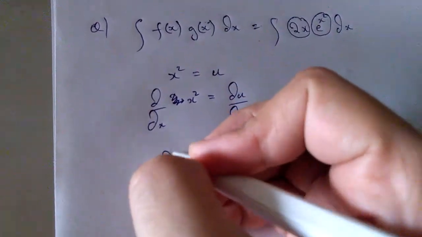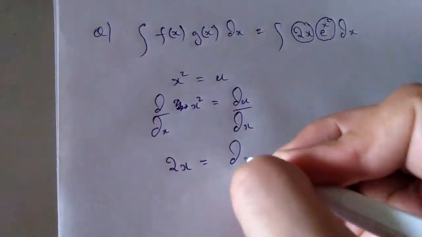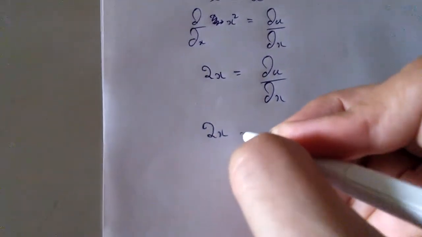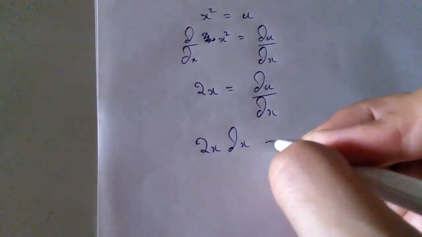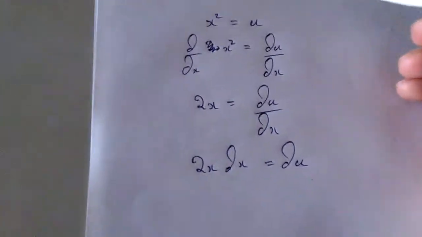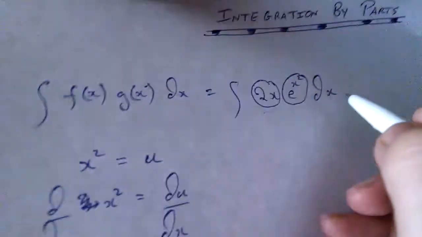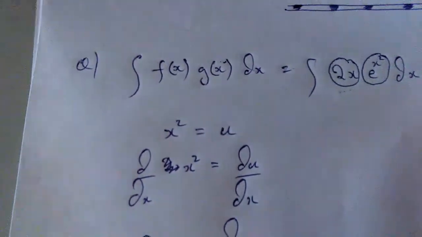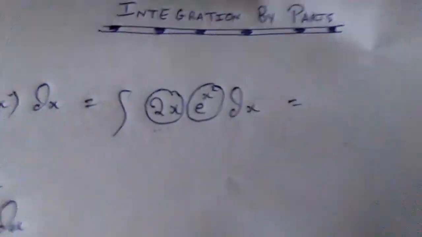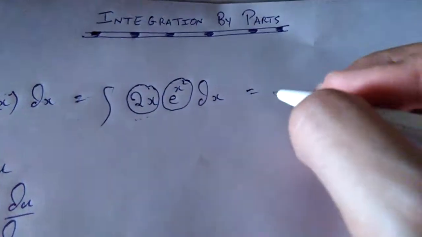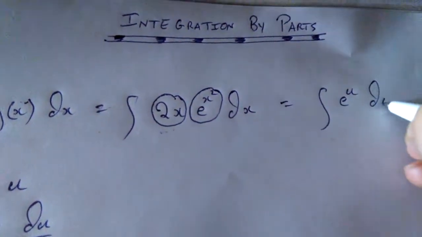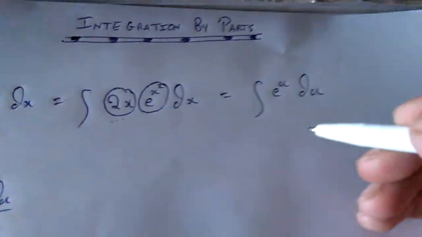the derivative of x squared is 2x, which equals du by dx, and this dx will go over there. So you see this 2x dx can be replaced by means of du.